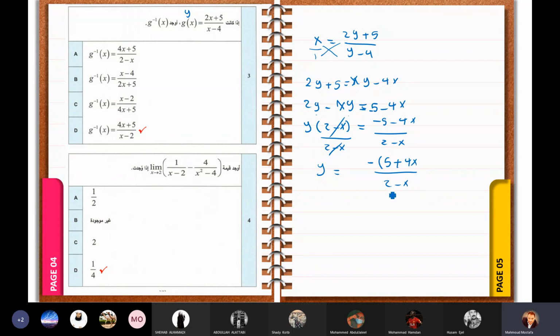Also, I can change here 2 minus x to become x minus 2, to put negative outside. So we can delete negative with negative. So this one is correct. So according to where is the solution here, it is the last one, 4x plus 5 over x minus 2. Of course, you can reorder here 4x and 5.